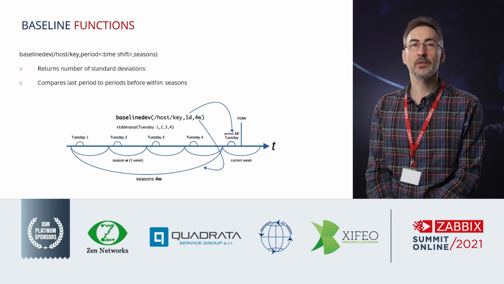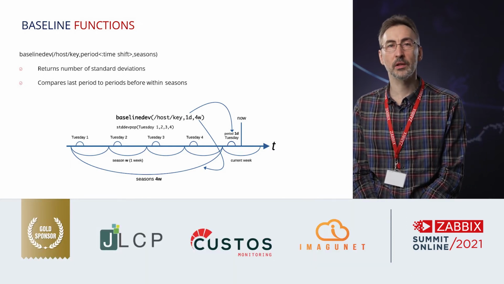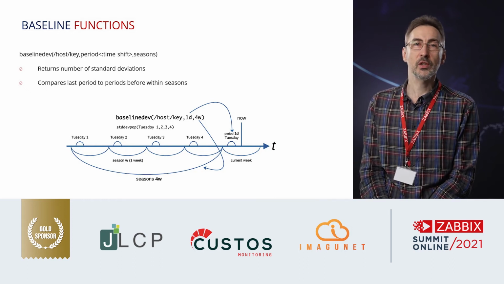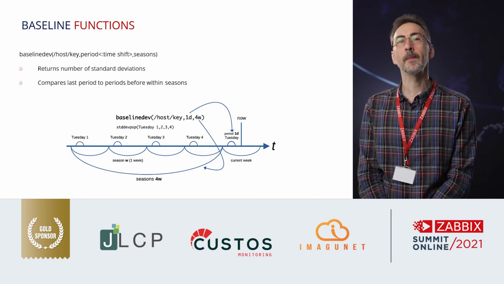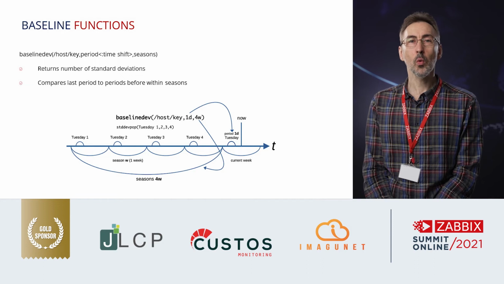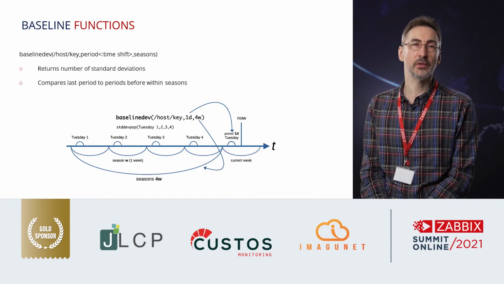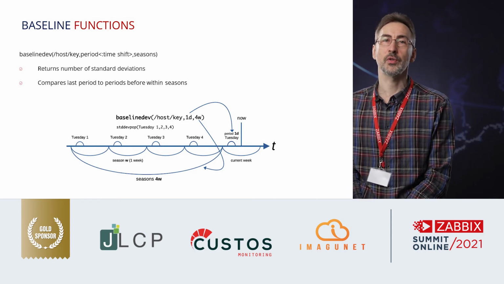We calculate the standard deviation value for Tuesdays 1 to 4 and then calculate how many of these values are between the last Tuesday and the mean of Tuesdays 1 to 4. It's similar to what baseline WMA does, with the only difference that it doesn't calculate a weighted average but rather checks deviations.